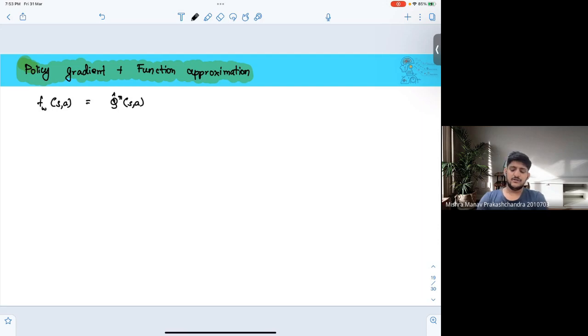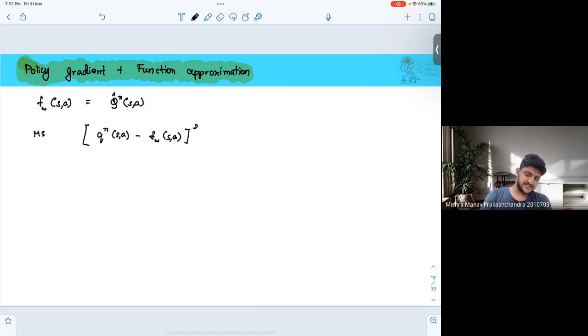Here I would like to minimize the error between these two functions. So I have q pi s comma a minus f w s comma a, which is my mean squared error, which I would like to minimize so that the error of the function approximation is as low as possible.